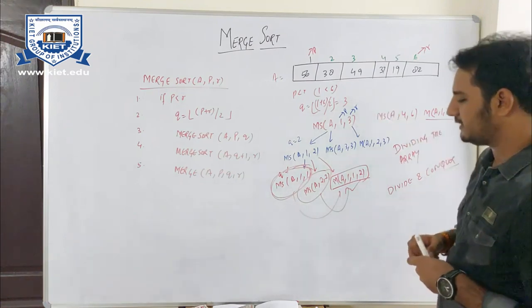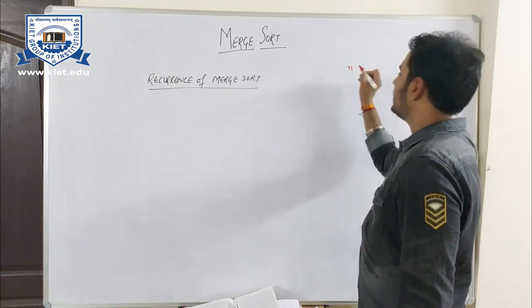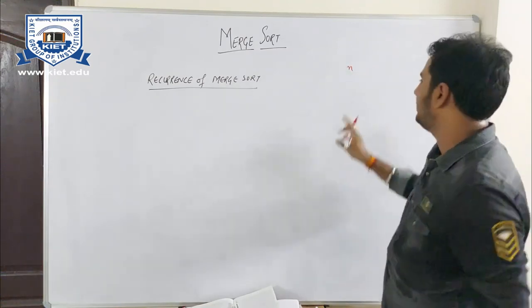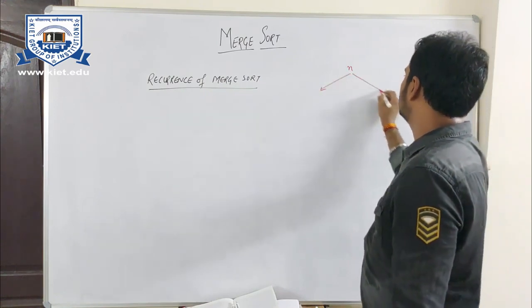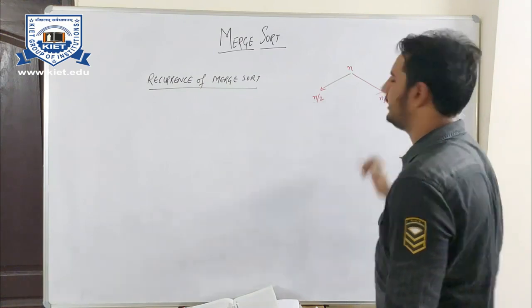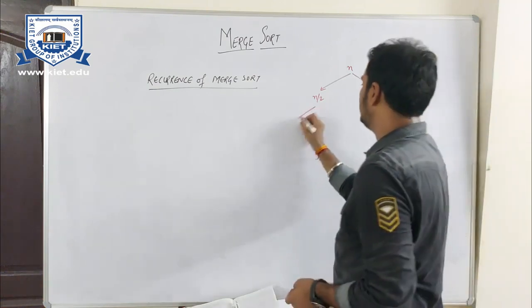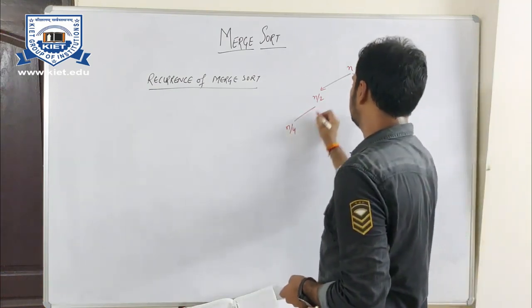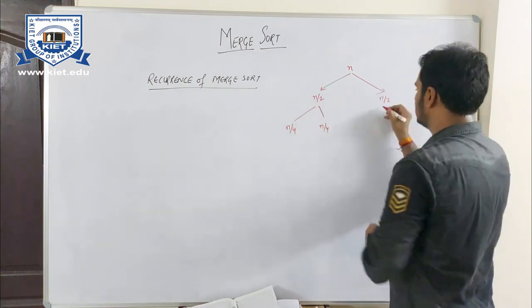Now let's write the recurrence for it. See, initially you had a problem of size n. By calculating q, you divided that problem into size of n by 2 and n by 2 each. You further divided this problem into size of n by 4, n by 4. You basically halve this problem.